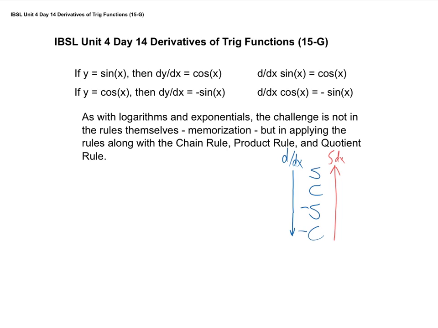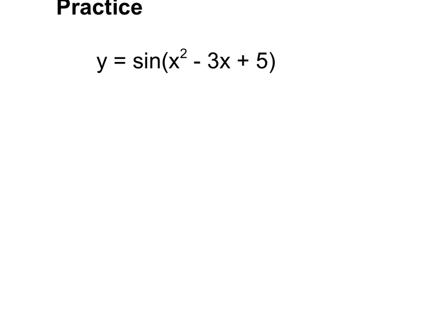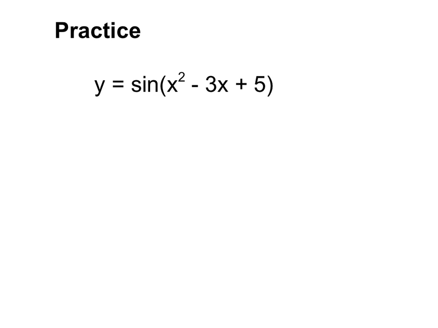But let's look at actually using these derivatives with a couple that involve some of the other rules that we've worked with, okay? So here I have the sine of x squared minus 3x plus 5. What am I going to have to use in order to find the derivative of this?